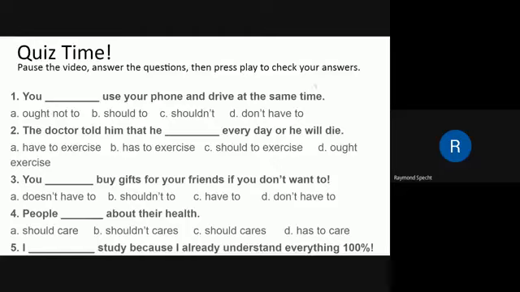All right, let's go over our answers. You blank use your phone and drive at the same time. Shouldn't. The doctor told him that he blank every day or he will die. Has to.